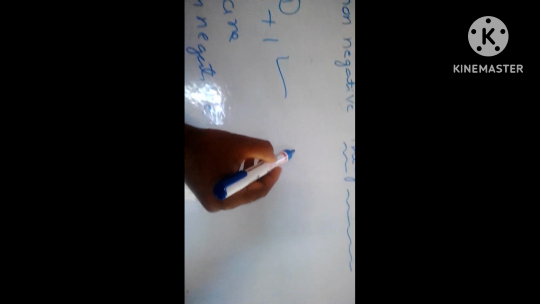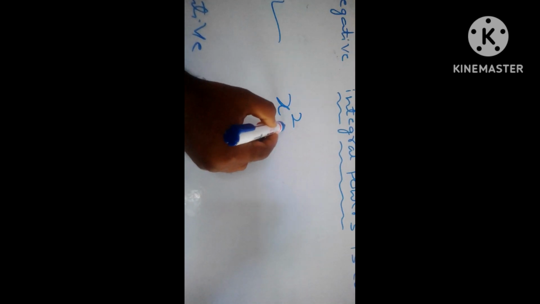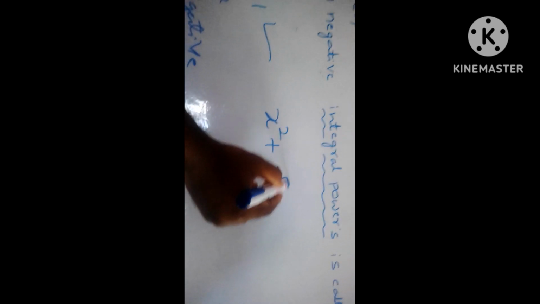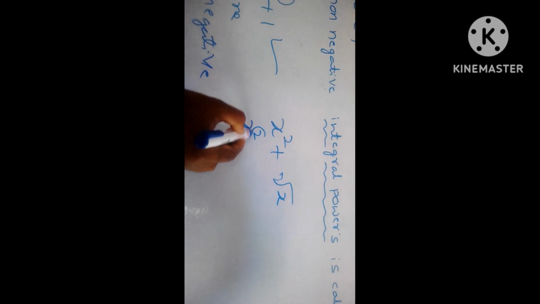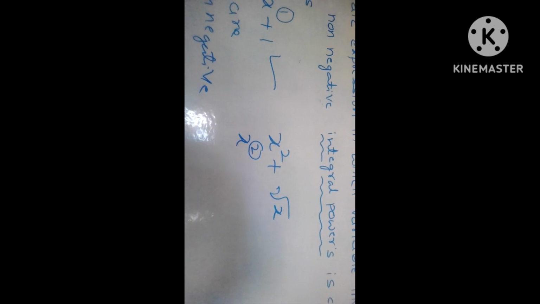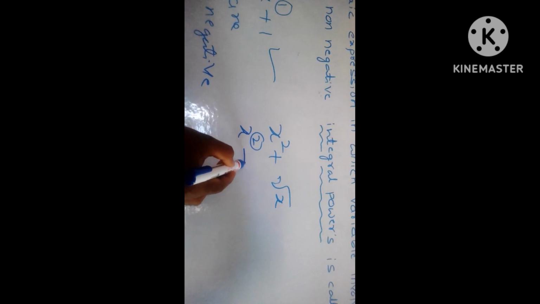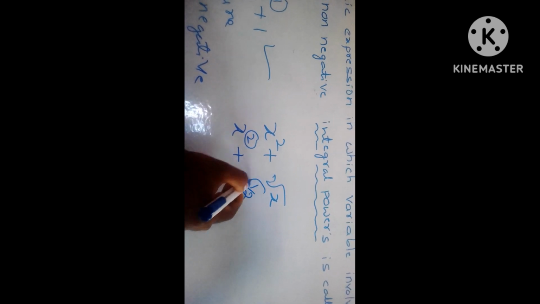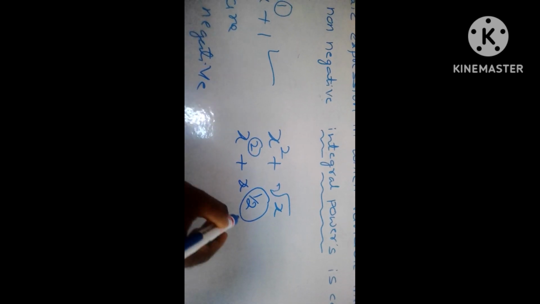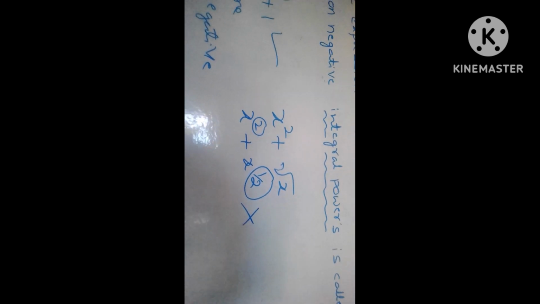Consider one more example: x square plus root x. X square has a whole number power and satisfies the definition, but root x can be written as x to the power 1 by 2, which is not a whole number, therefore it is not a polynomial.